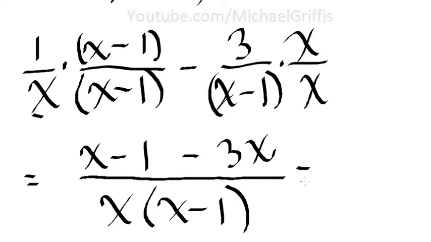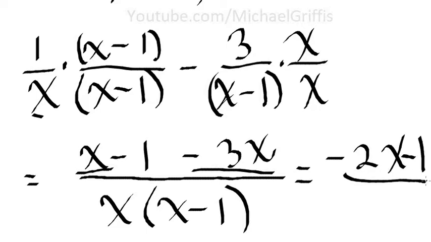Okay, so this can be rewritten. We have like terms, x minus 3x. That's going to be negative 2x minus 1 over x squared minus x. Go ahead and distribute that x across down there at the bottom. Whew, where are we?